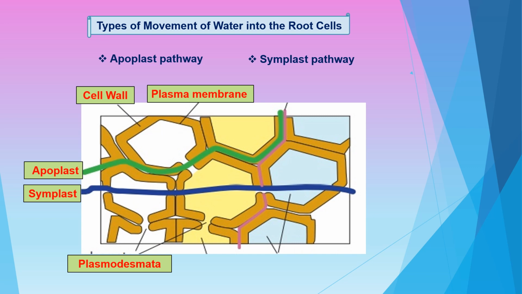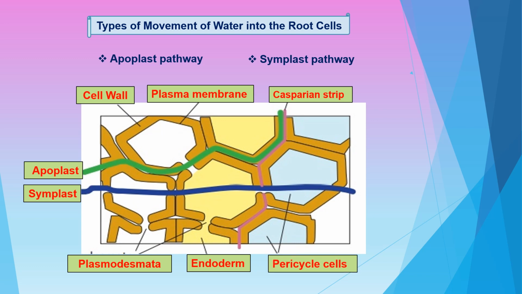That is the interspace of the endodermis, Casparian strip and pericycle. That gap is called plasmodesmata. Hence the movement is relatively slower.